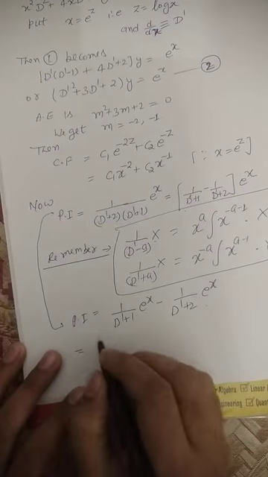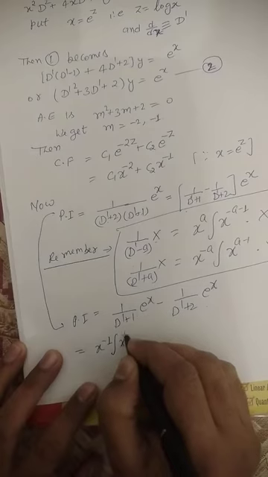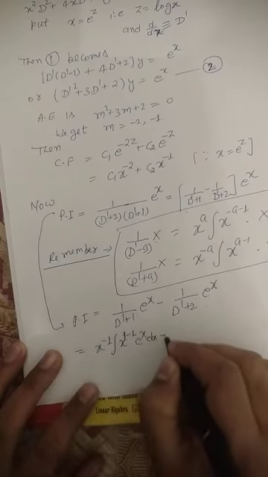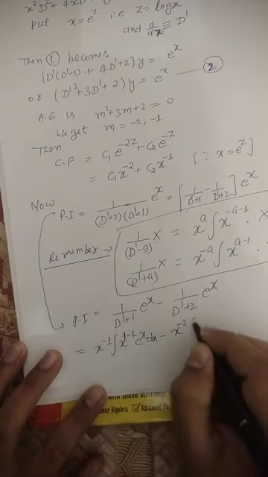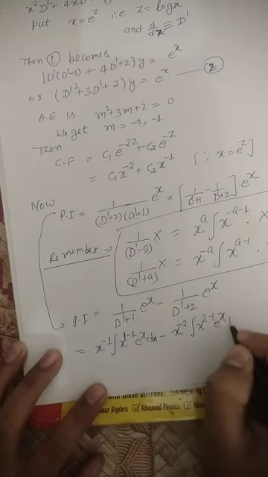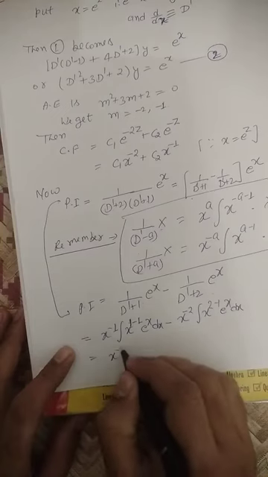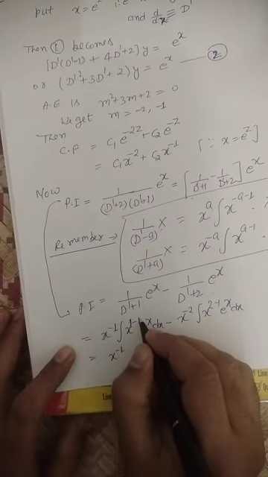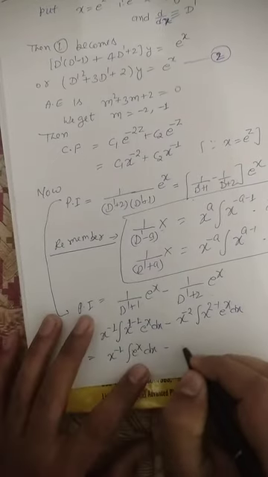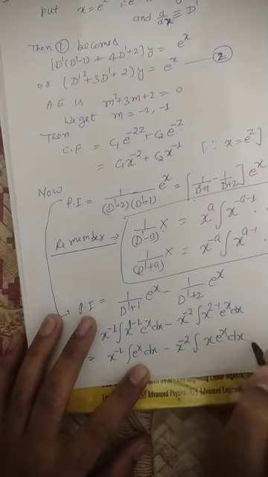This is x to the power minus 1 times the integral of x to the power 1 minus 1 into e to the power x dx, because a is 1, minus x to the power minus 2 times the integral of x to the power 2 minus 1 into e to the power x dx. Simplify this: x to the power 1 minus 1 is x to the power 0, which is 1. So you will get the integral of e to the power x dx minus x to the power minus 2 times the integral of x e to the power x dx.